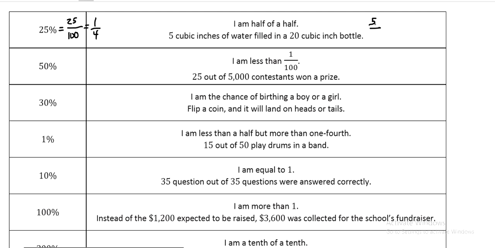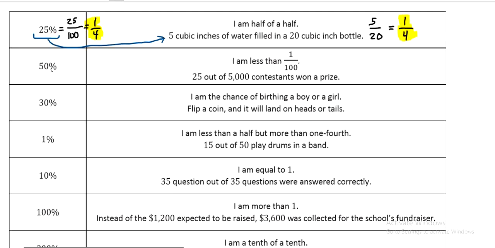And the whole is the entire capacity of the bottle, which is 20. You could just go to your calculator, do 5 ABC 20, and you'll find that that equals 1 over 4. So the first one's kind of easy. 25% equals 1/4. 5 over 20 also equals 1/4. So we would say that 25% matches with this first statement.